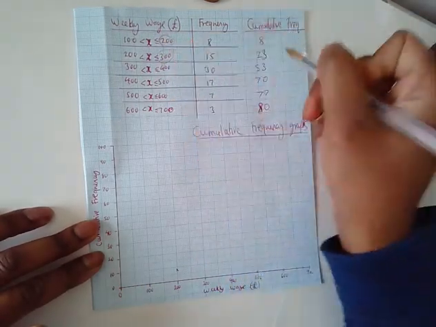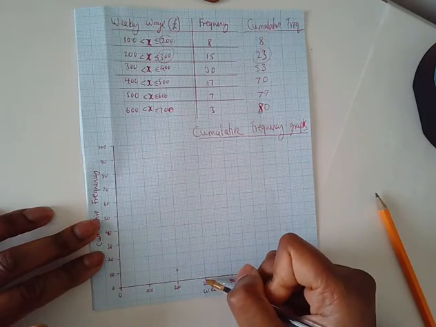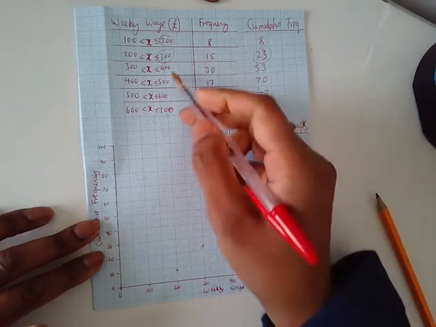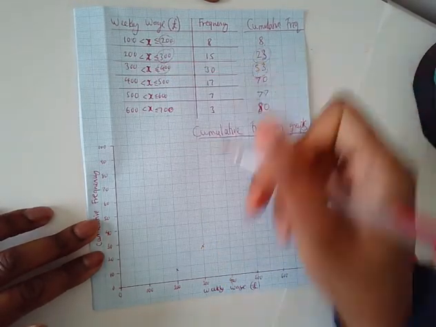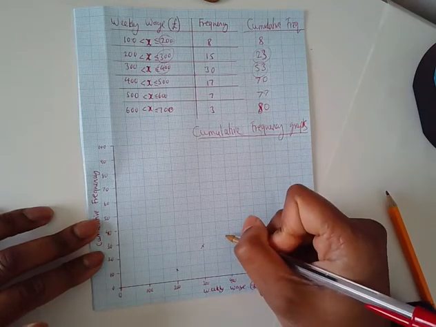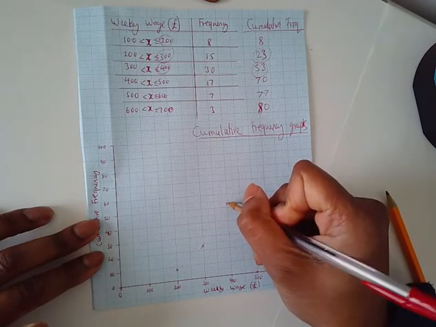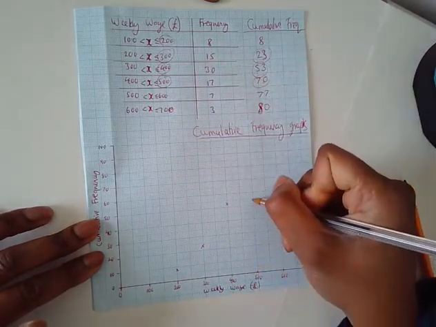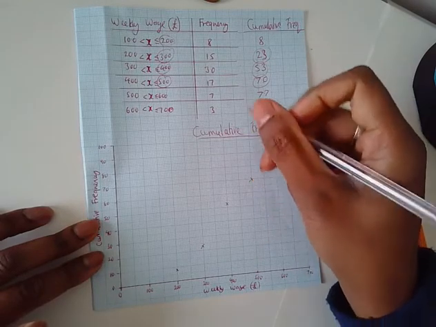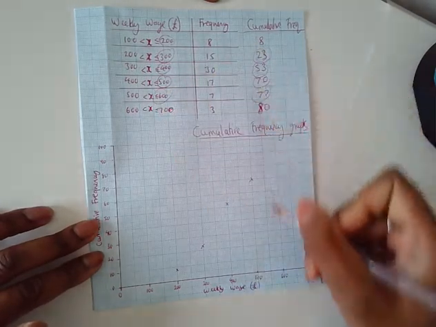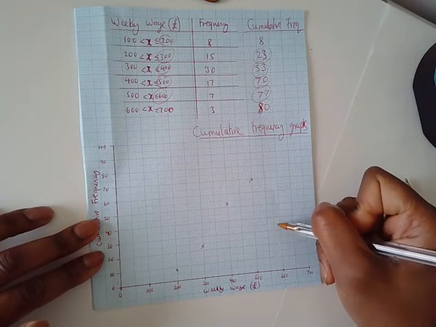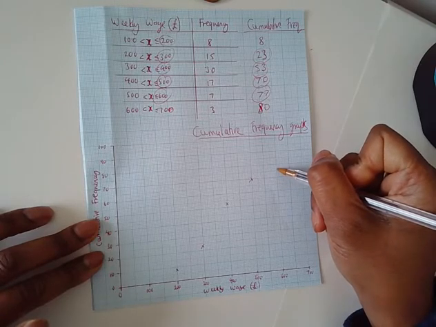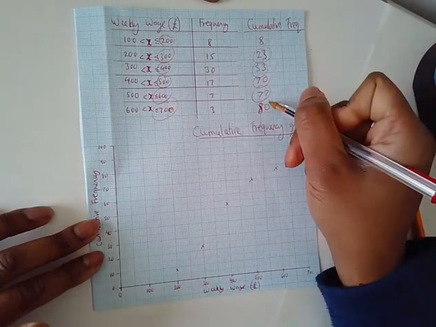Right, so 300 along the corridor, 23 up the stairs. 300 and 23, right there. 400 along the corridor, 53 up the stairs. 500 and then 70. £780.